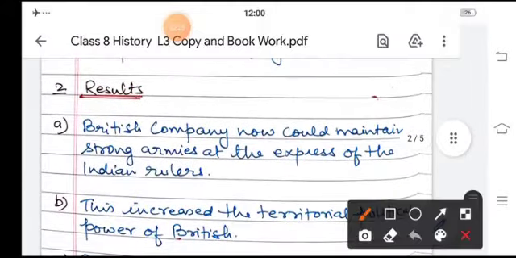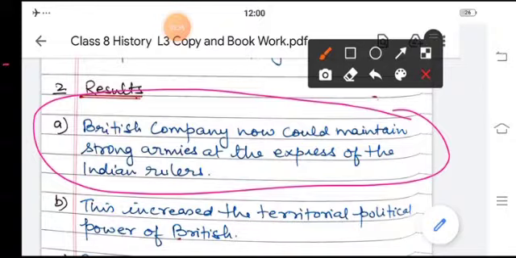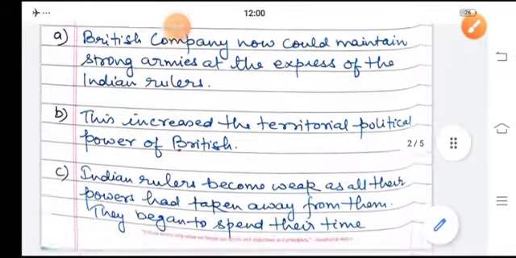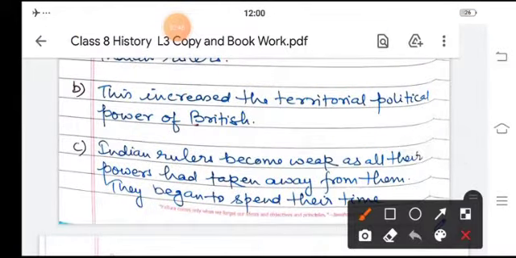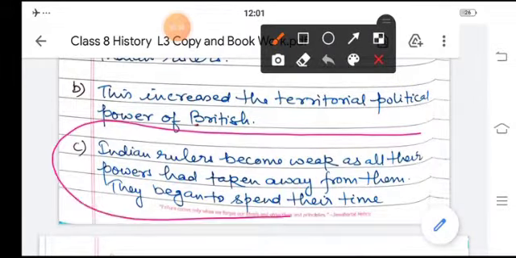Result: A. The British Company now could maintain strong armies at the expense of the Indian ruler. B. This increased the territorial and political power of the British. C. Indian rulers became weak as their powers had been taken away from them.